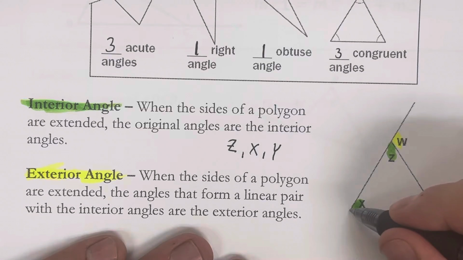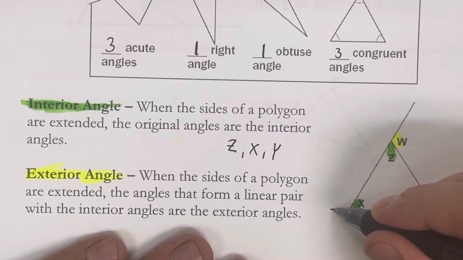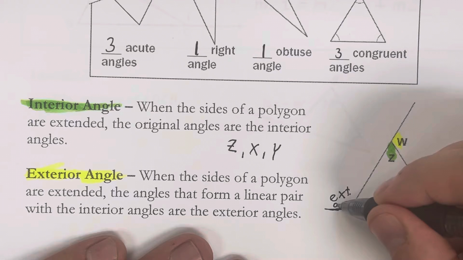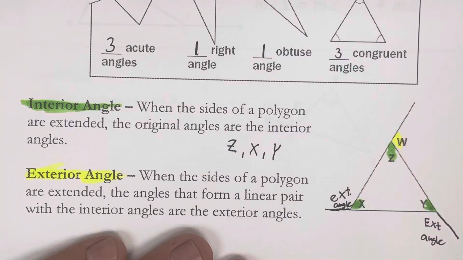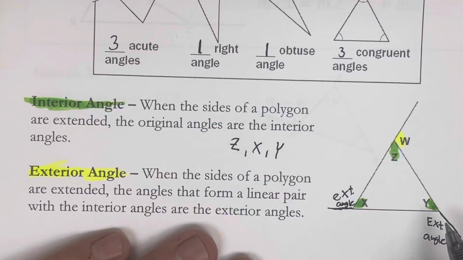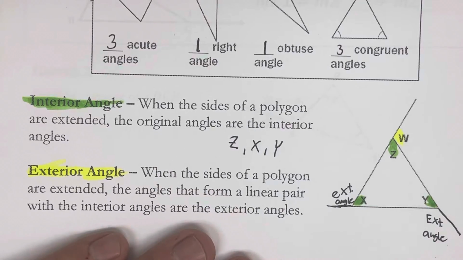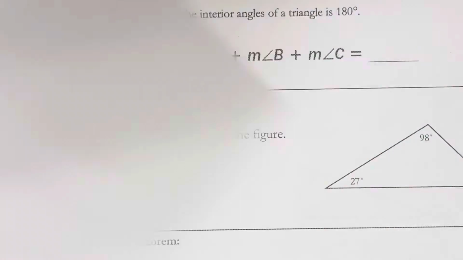And I could also extend this side, and this angle would be an exterior angle. All right, so those are the exterior ones, the ones on the outside. Forms a linear pair with the interior angle. So that means these two have to add up to 180 degrees. So those are kind of the basic key things with the angles.